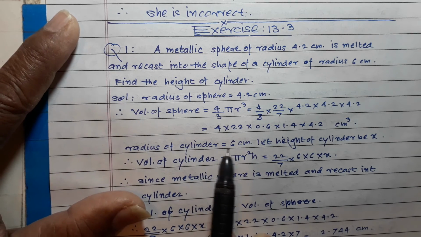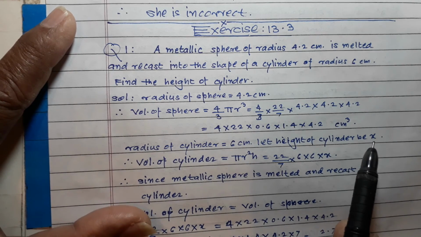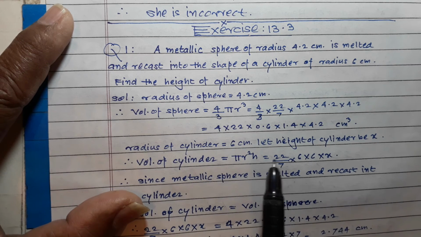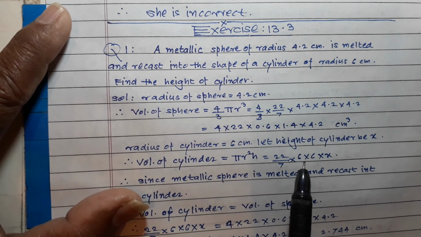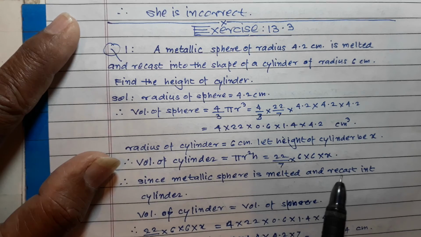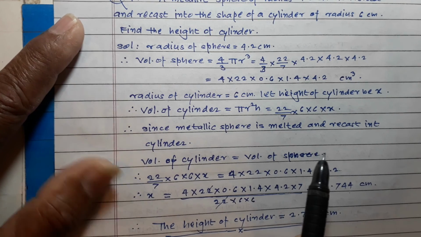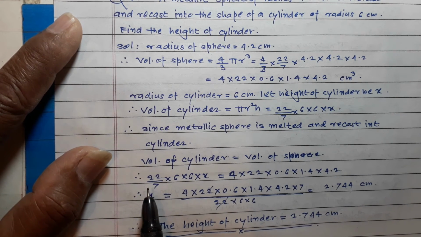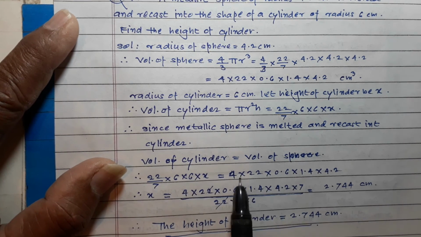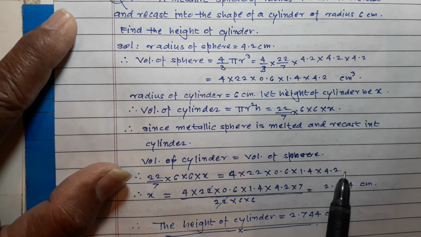So radius of cylinder is equal to 6 centimeter. Let height of cylinder be x and therefore volume of cylinder is equal to pi r square into h, is equal to 22 upon 7 into 6 into 6 into x. Since metallic sphere is melted and recast into cylinder, volume of cylinder is equal to volume of sphere, so 22 upon 7 into 6 into 6 into x is equal to 4 into 22 into 0.6 into 1.4 into 4.2.